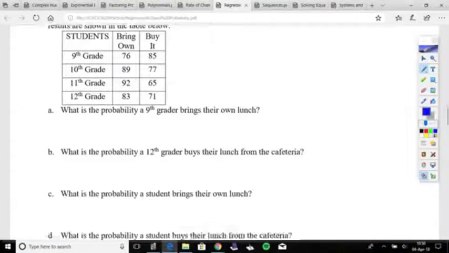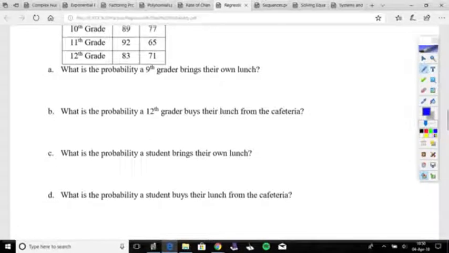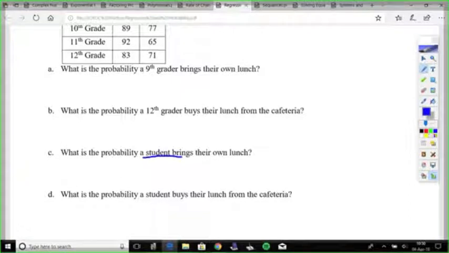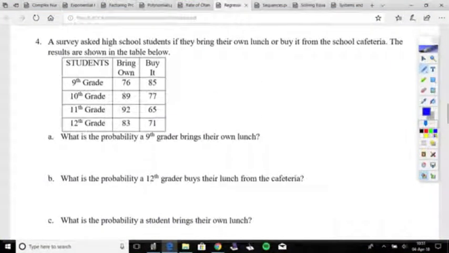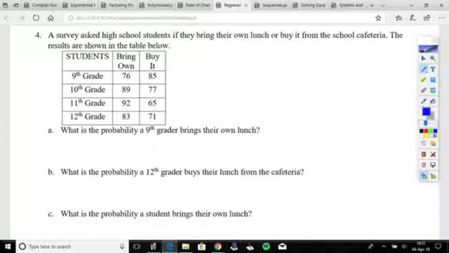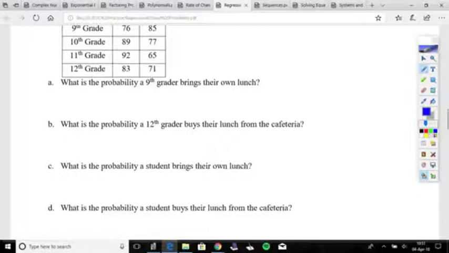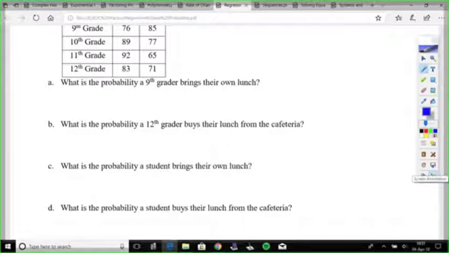Now, the only difference here is part C and D asks what is the probability that a student brings their own lunch. It doesn't specifically give us 9th grader or 12th grader like the other ones did. So we have to actually count up all the total students. So you would add up all of the values to get a total number of students. And then, of course, the top part would be adding up the total number that bring their own lunch. So, for example, students that bring their own lunch.